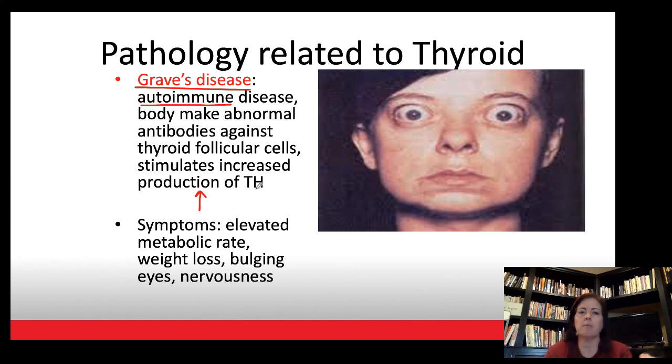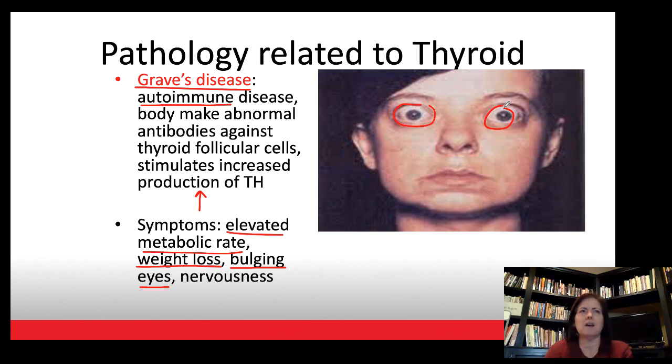And so if you think back about what the effects of thyroid hormone were, we're going to have an increased metabolic rate, which means their metabolism is just through the roof. So these patients typically will see weight loss. We end up seeing these bulging eyes like this on these patients. Basically what happens is we have fat behind our eyeballs, and our body lays down extra fat behind our eyeballs and pushes our eyeballs forward.